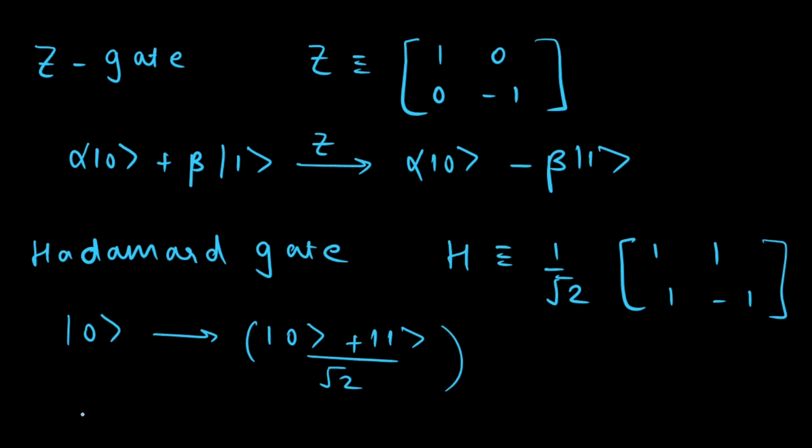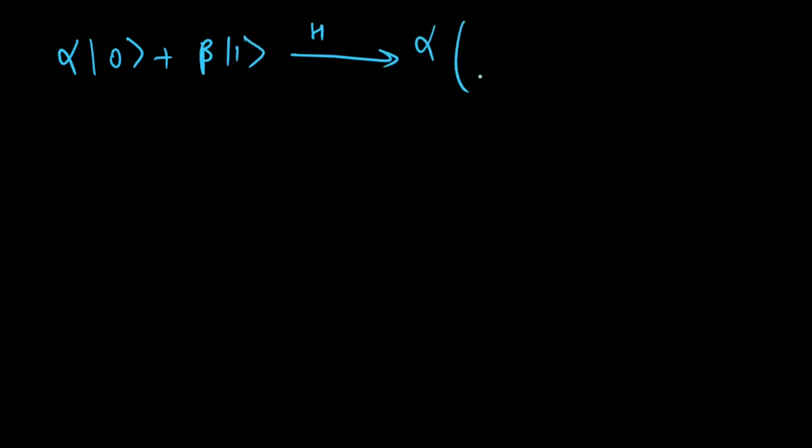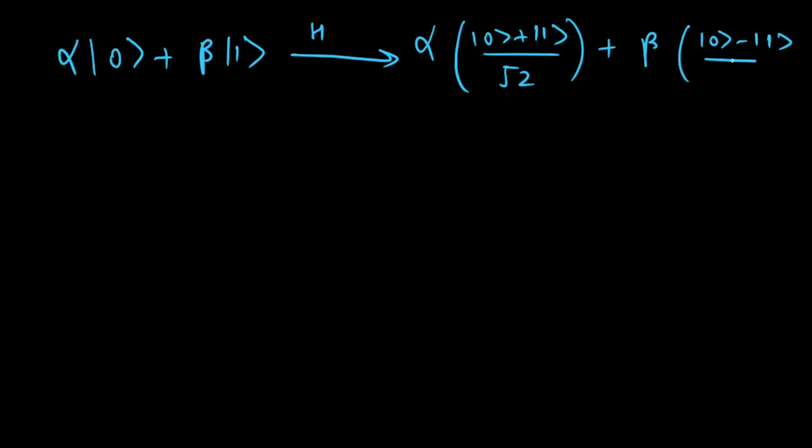Similarly, the operation of the Hadamard gate on 1 state gives us 0 minus 1 divided by root 2, which is also considered as halfway between 0 and 1. So in a nutshell, for a state alpha 0 plus beta 1, when a Hadamard gate is operated on it, we'll have the output as alpha times 0 plus 1 by root 2 plus beta times 0 minus 1 by root 2.